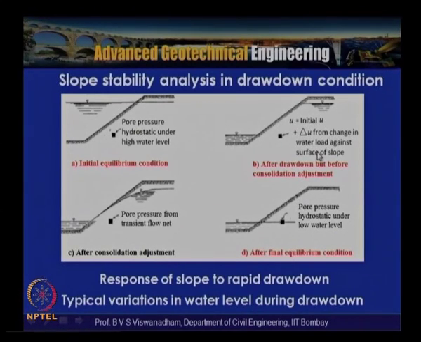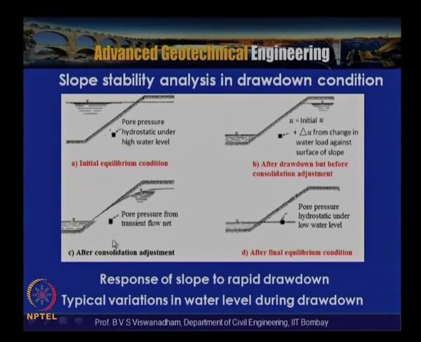At this stage, with an increase in the pore water pressure within the slope, there can be a danger for slope stability. That means the factor of safety of the slope will reduce to a certain value.